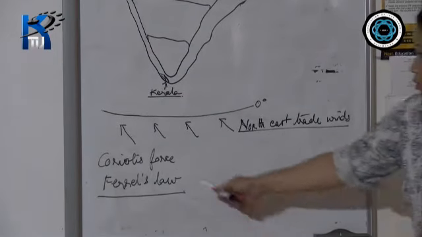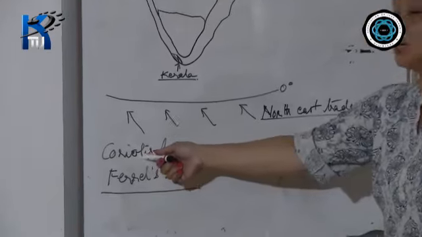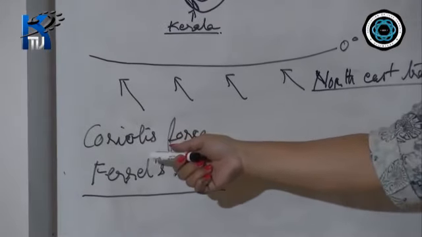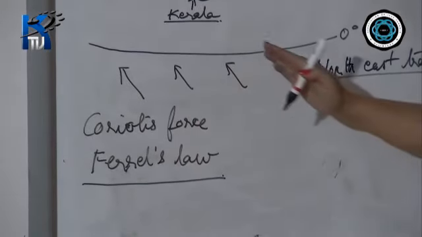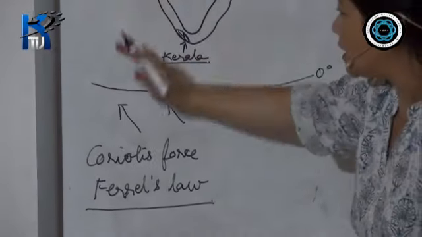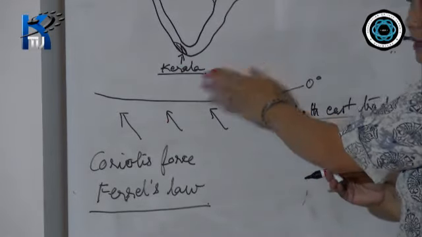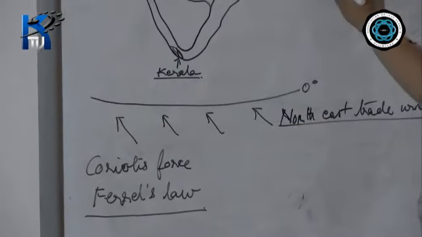Now, this particular term over here, which is the Coriolis force: winds that blow from the southern hemisphere, instead of going straight, get deflected to the right hand side. The winds get deflected in this particular manner.